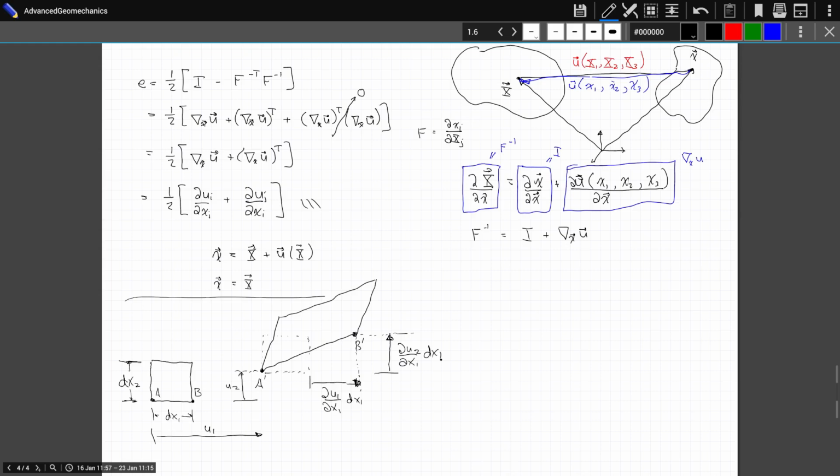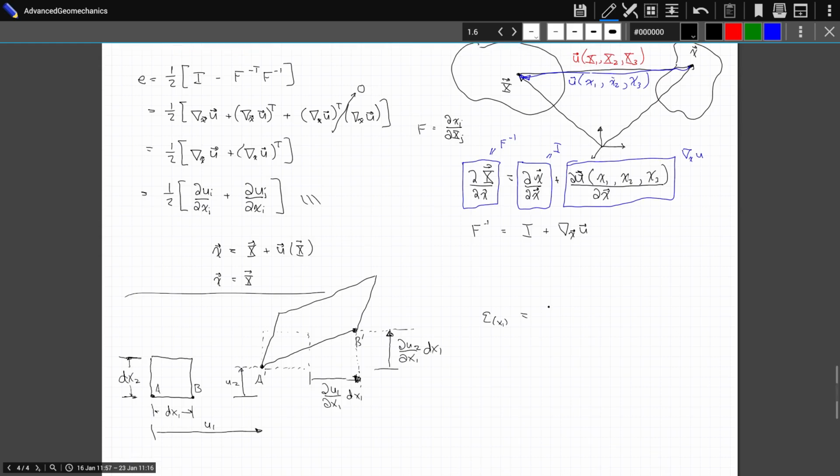So if we want to understand what the strain in the x1 direction is, then we're just going to write down our kind of definition of strain, changing length over length, in like the Lagrangian sense, right? So changing length over original length.